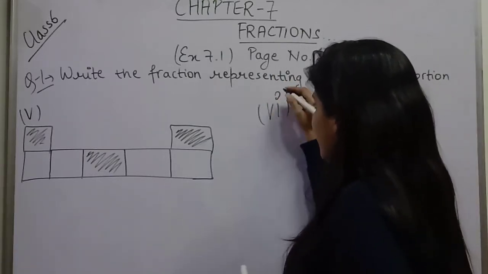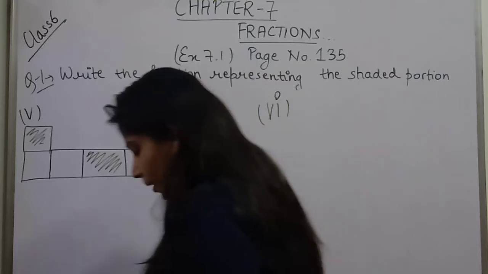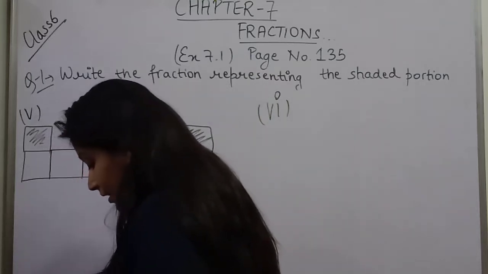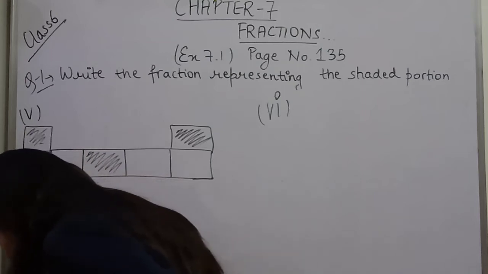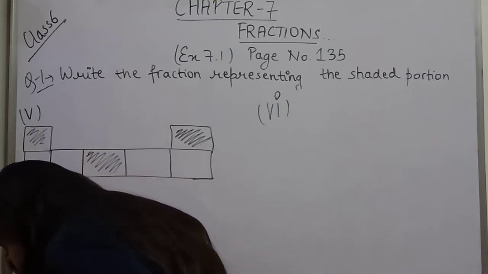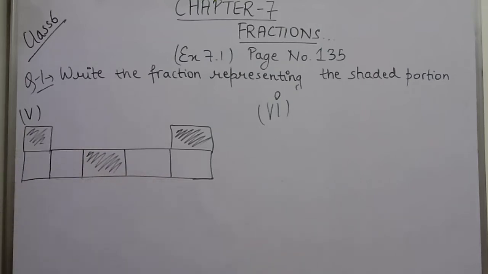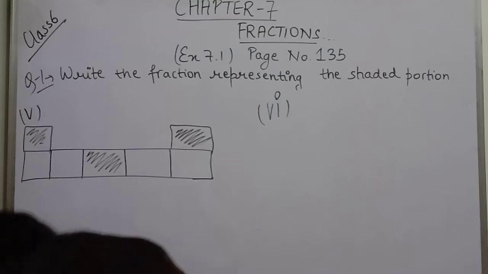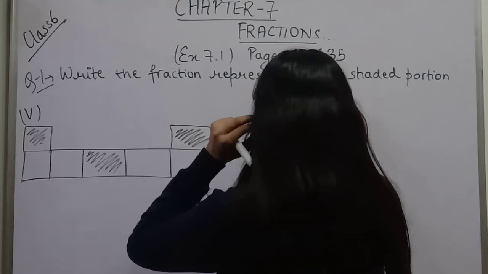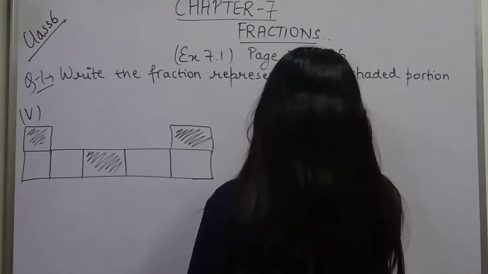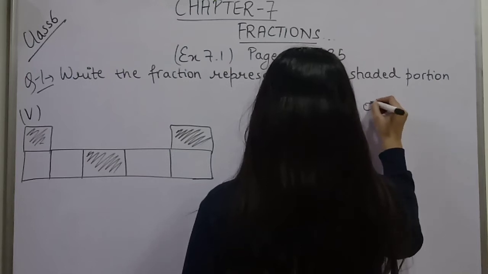So now we have to write the fraction. Let's draw the sixth part quickly here too. So the sixth part is okay. Flowers are drawn in it, and it is like this: 1, 2, 3, 4, 5, 6, 7, 8, 9, 10, 11, 12. Let's draw the flowers quickly.